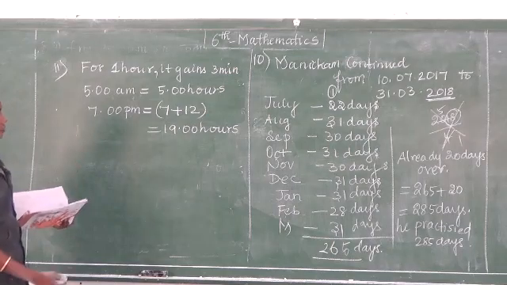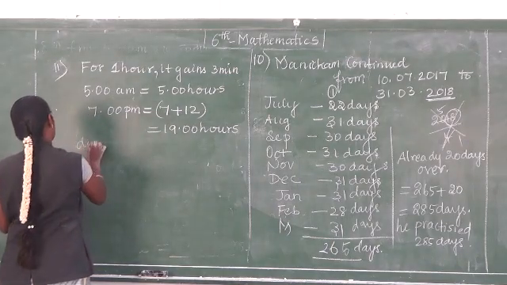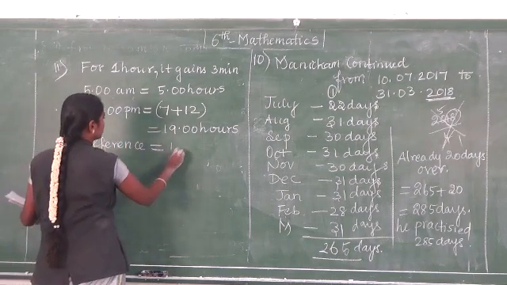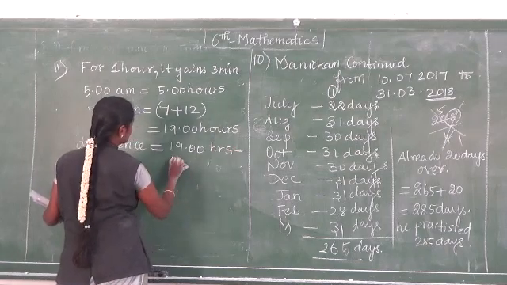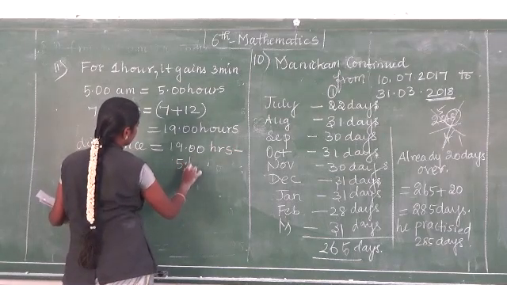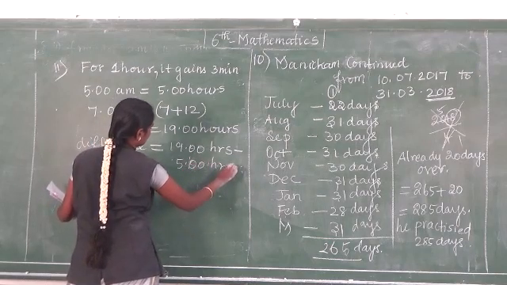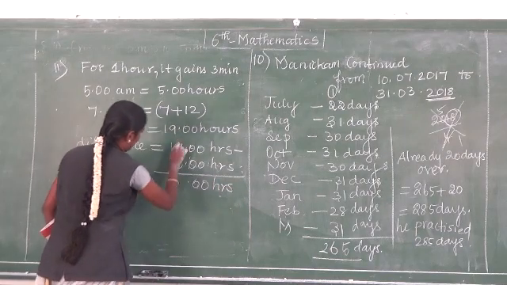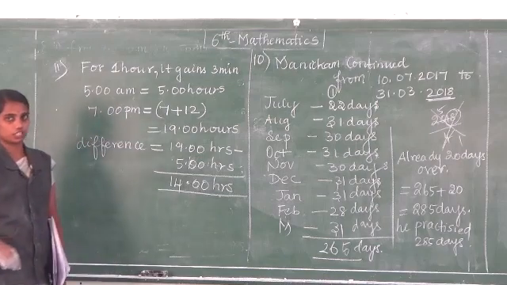Now find the difference. How many hours are difference between this? 19 hours minus 5 hours. 19 minus 5 is, so totally the difference is 14 hours.